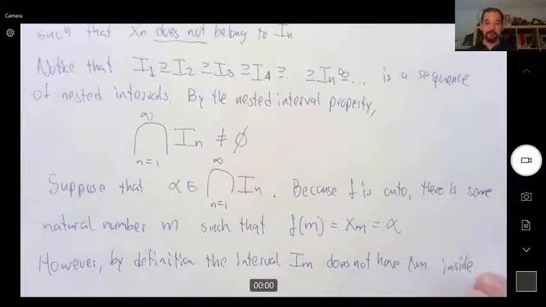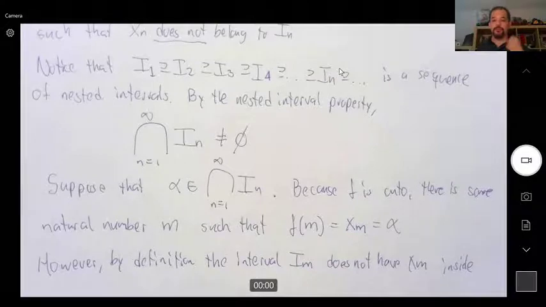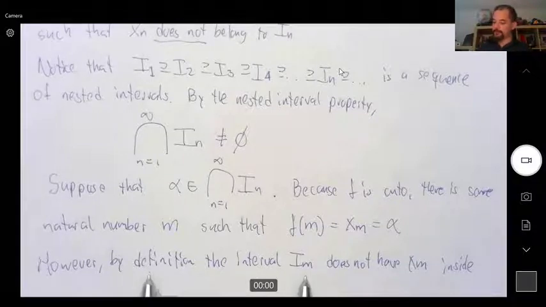Remember that that's how we constructed these intervals. To construct the first one, we excluded x1. To construct the second one, we excluded x2, and so on. So when it comes time to construct the mth one, we're going to exclude xm, right?